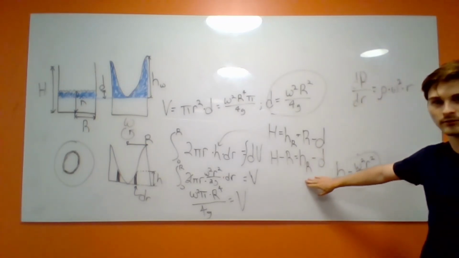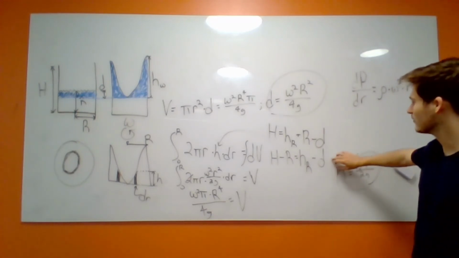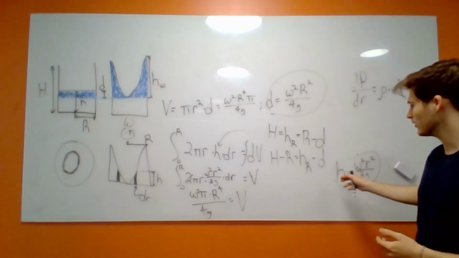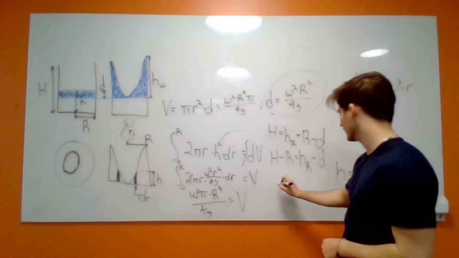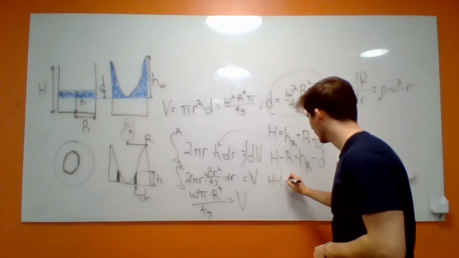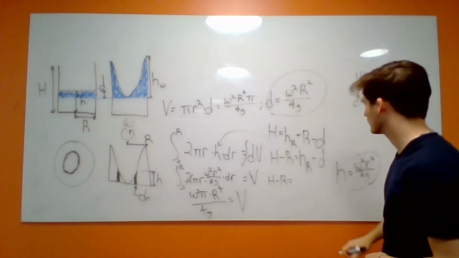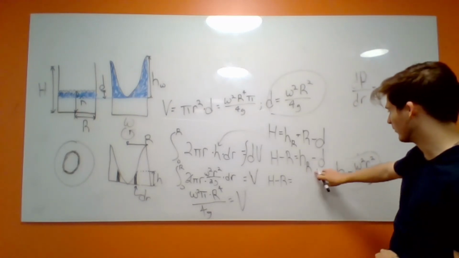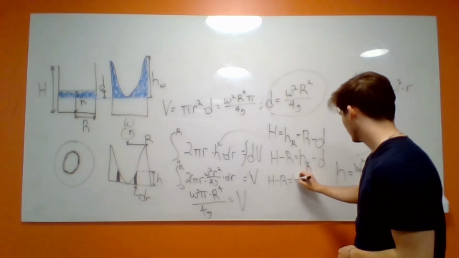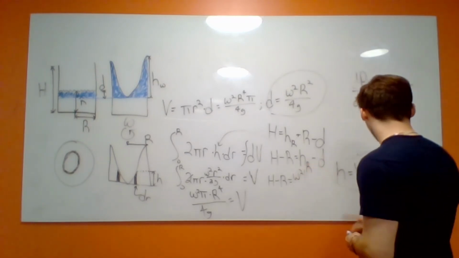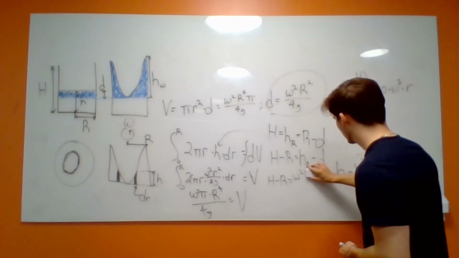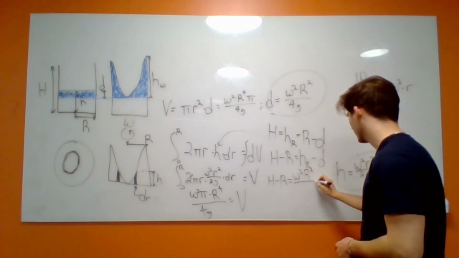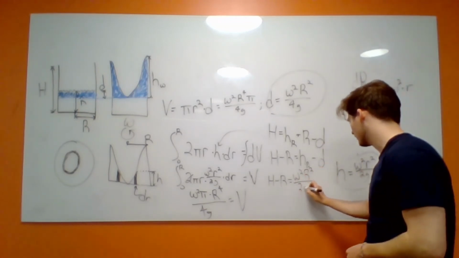And of course, we can evaluate this height function, and we know what d is equal to, and we can put them both in terms of the same variables. So we'll have h minus r is equal to the height of our liquid evaluated at the maximum radius, so angular frequency squared times the maximum radius squared all over 2g.